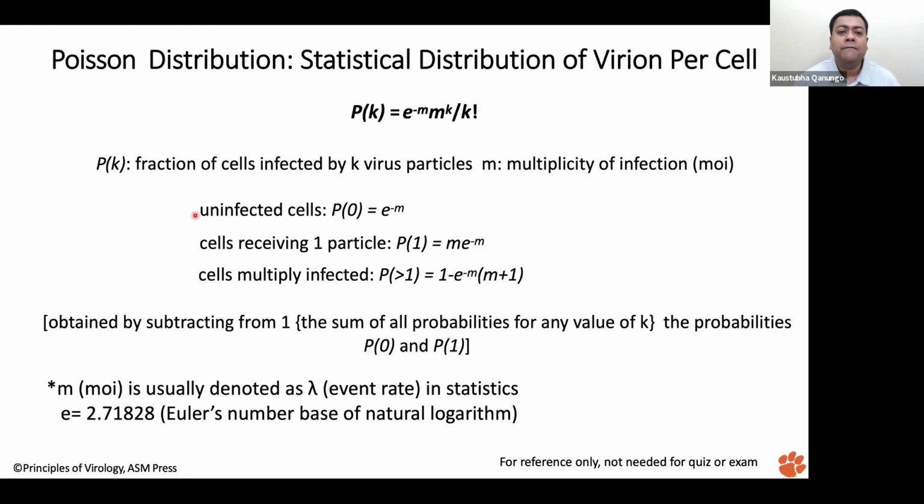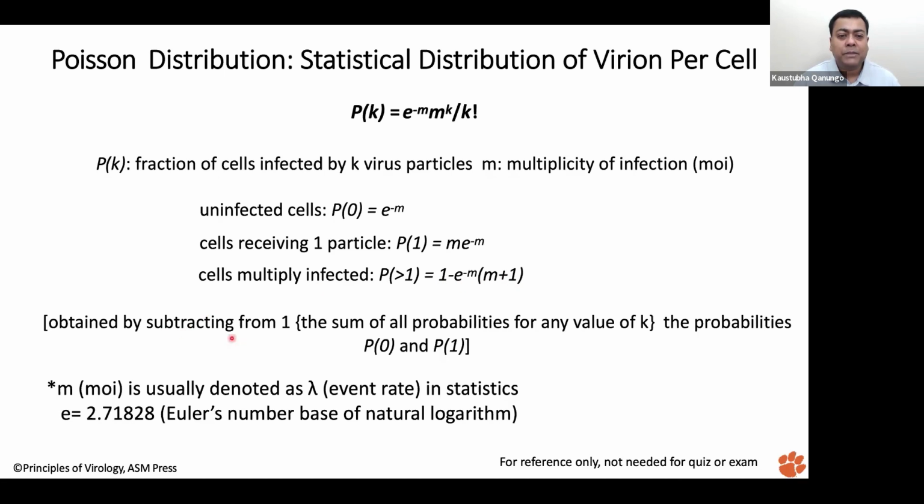So for uninfected cells, P0, remember that Pk is the fraction of the cells, is e to the power minus m. Cells receiving 1 particle, P1, equal m e to the power minus m. And remember that m is the multiplicity of infection. On the other hand, multiply infected cells, that means cells that receive more than 1 particle, will be 1 minus e to the power minus m, times m plus 1.